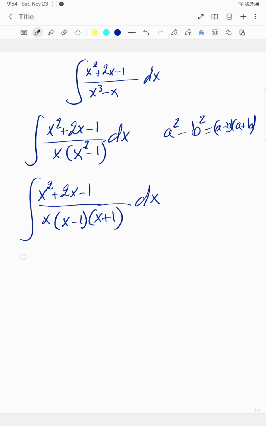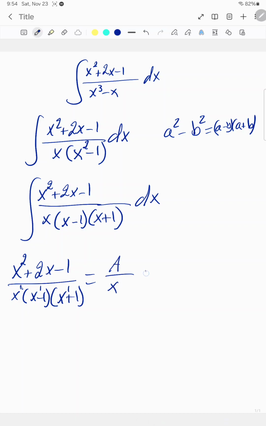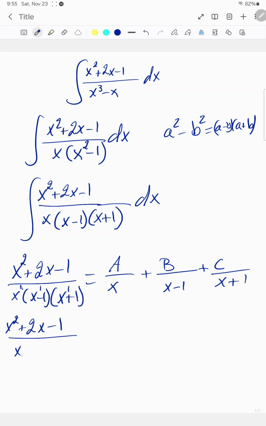So my x squared plus 2x minus 1 divided by x times x minus 1 times x plus 1, I can write it, because that x is to the power of 1, that x minus 1 is to the power of 1, and that x plus 1 is to the power of 1, so I can write a divided by x plus b divided by x minus 1 plus c divided by x plus 1. Now let's have a common denominator on the right hand side of my equality.